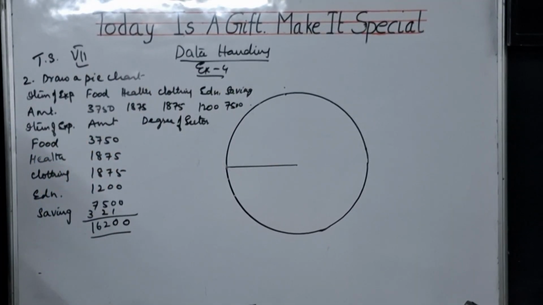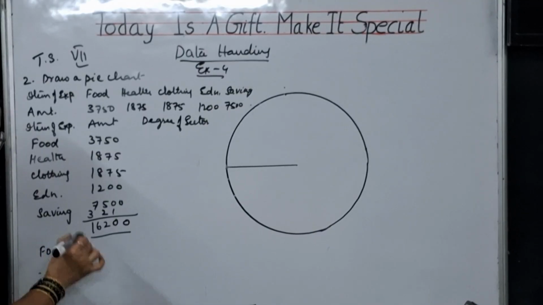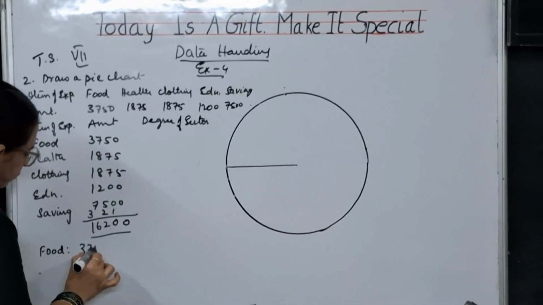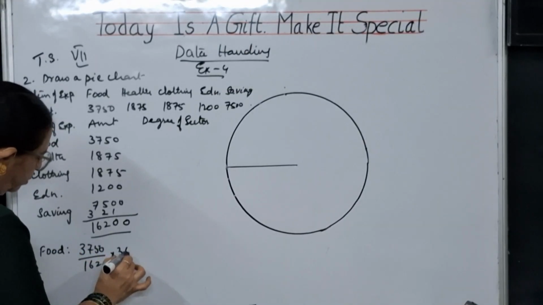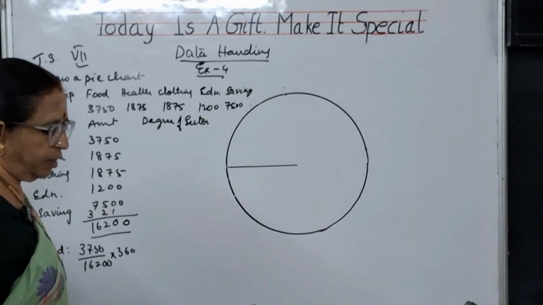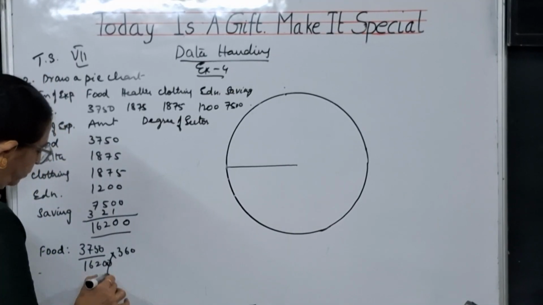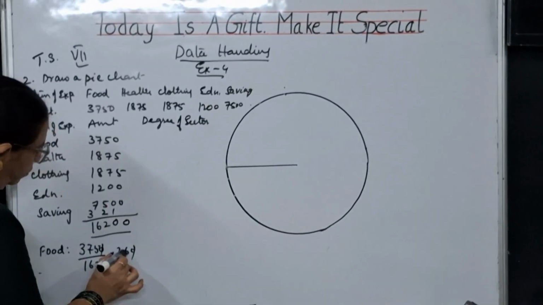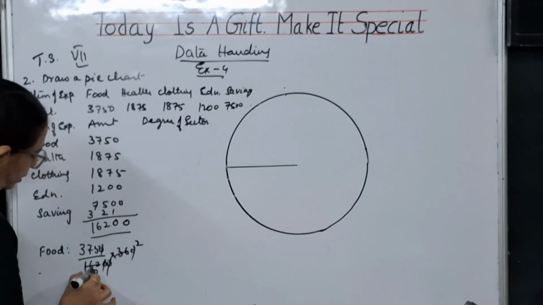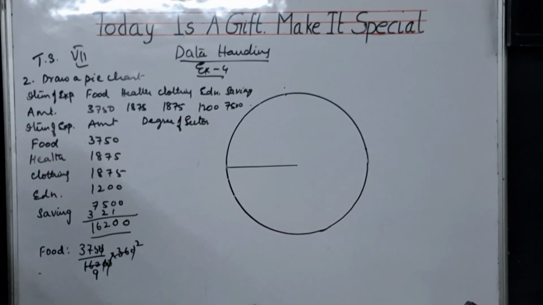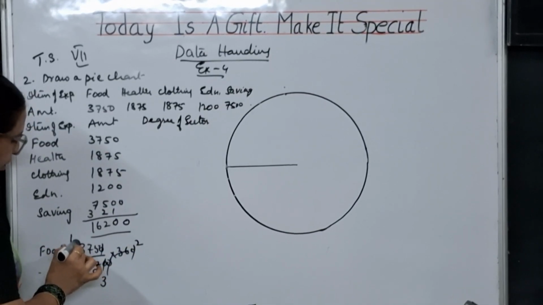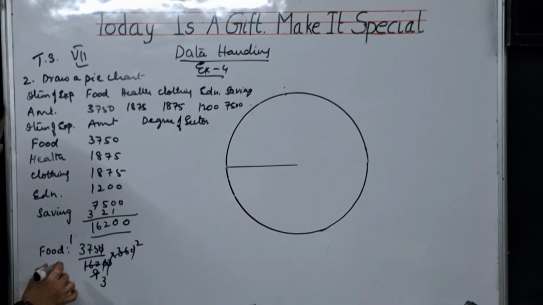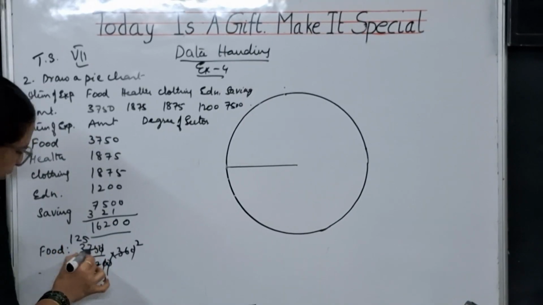Now we will see the degree of sector. First one is food. 3750 by 16200 into 360. Then 0 and this 0 will get cancelled. 18 twos are 18, nines are, and 3 threes are, 3 ones are 3, twos are 6, 3 fives are 15.